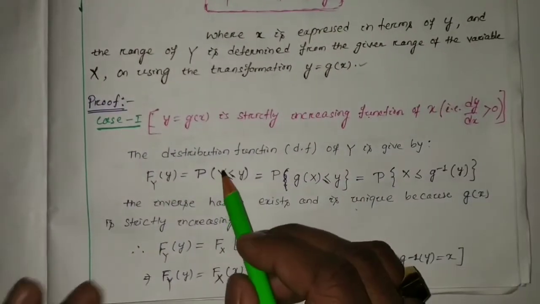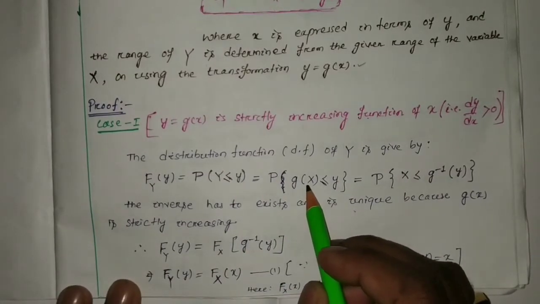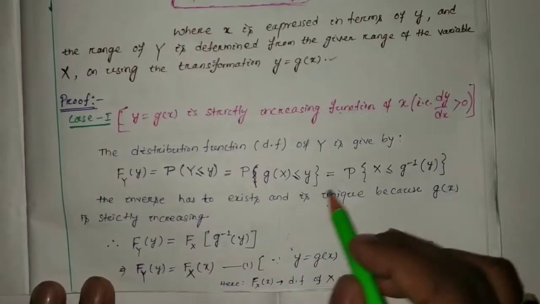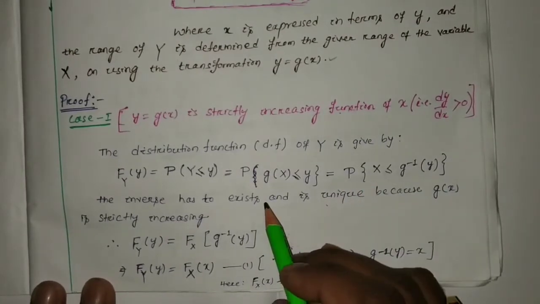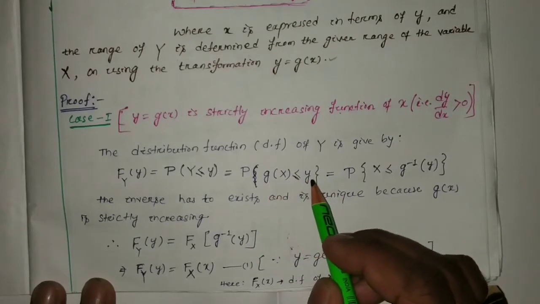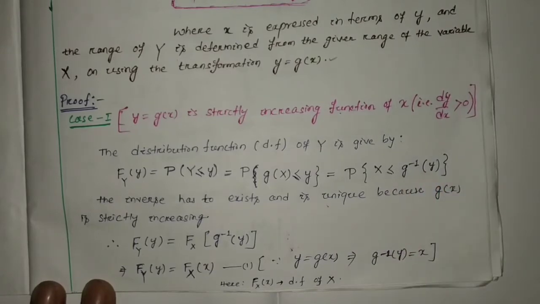So instead of Y we can write g(X) less than or equal to y, which means X will be less than or equal to g inverse of y, right?